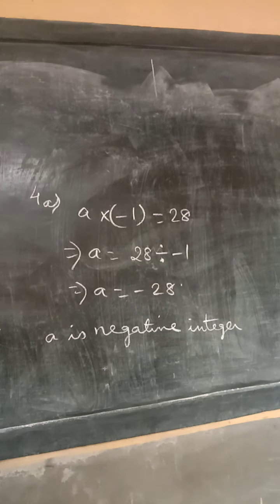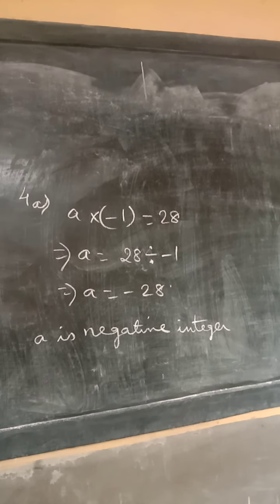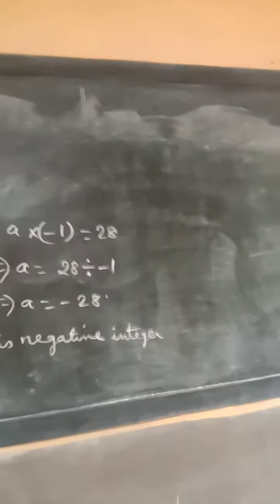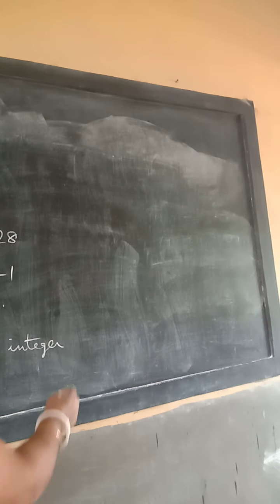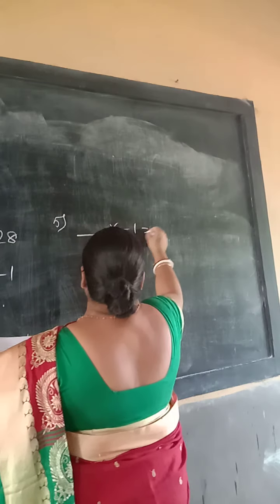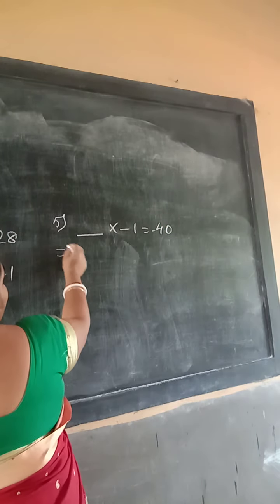Next you have to do number 5. Determine the integer whose product with minus 1 is minus 40. Here you have to write question number 5. You can see an integer multiplied with minus 1 gives you minus 40. The dash into minus 1, the product is minus 40. So what are we going to do?